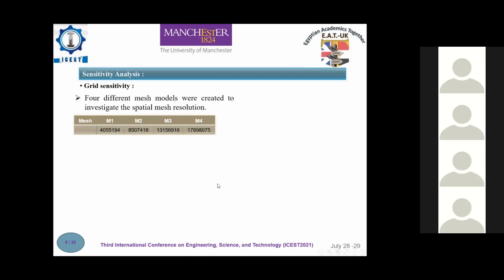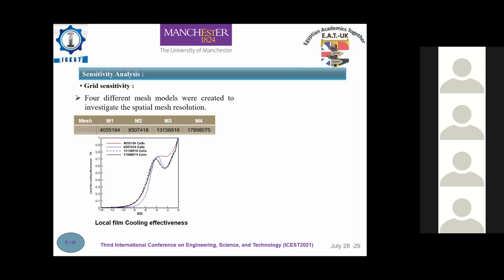Here I need to move to the second part of this paper. I will shed light on the large eddy simulation requirements. Four grid sizes are adopted in this study to examine the grid resolution. The total number of grid cells is nearly 4, 8, 13, and 17 million.